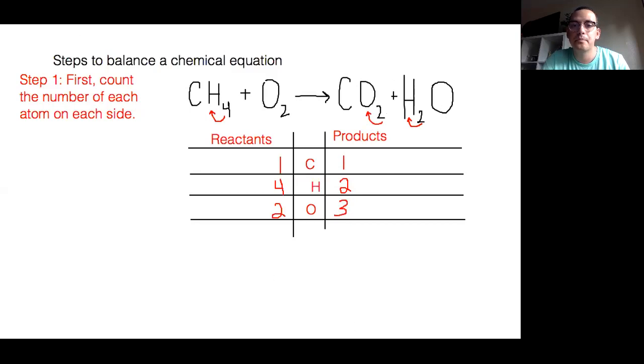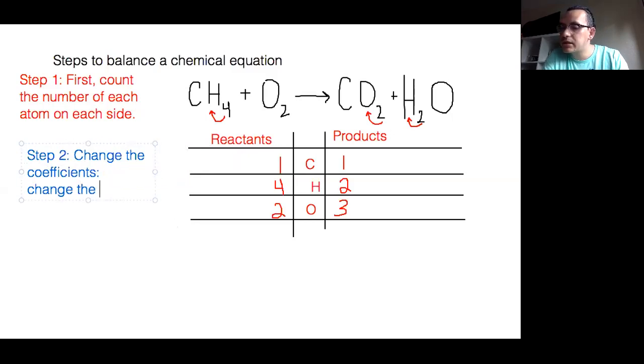Okay. Now let's work on step number 2. Step 2 is to change the coefficients.